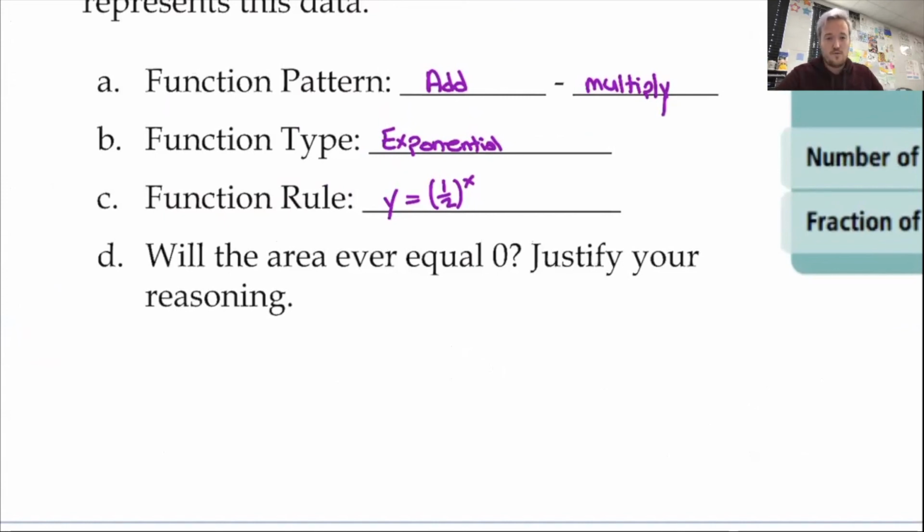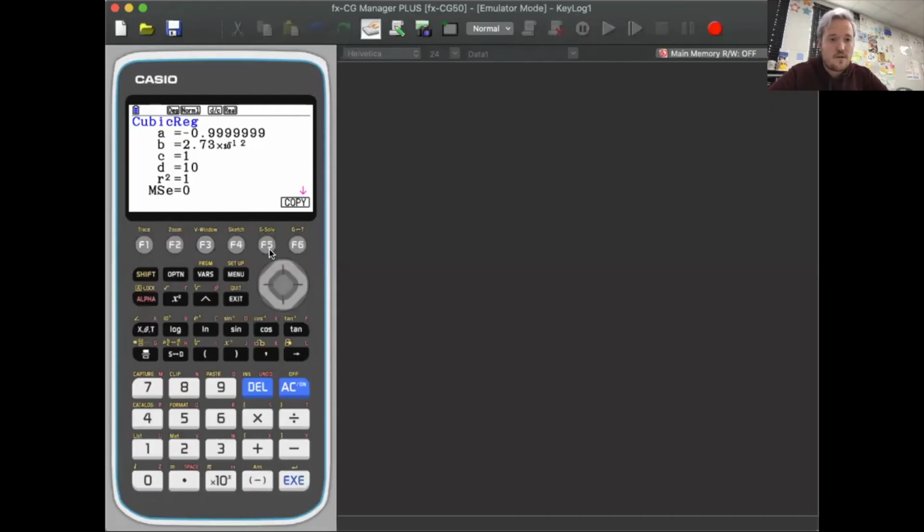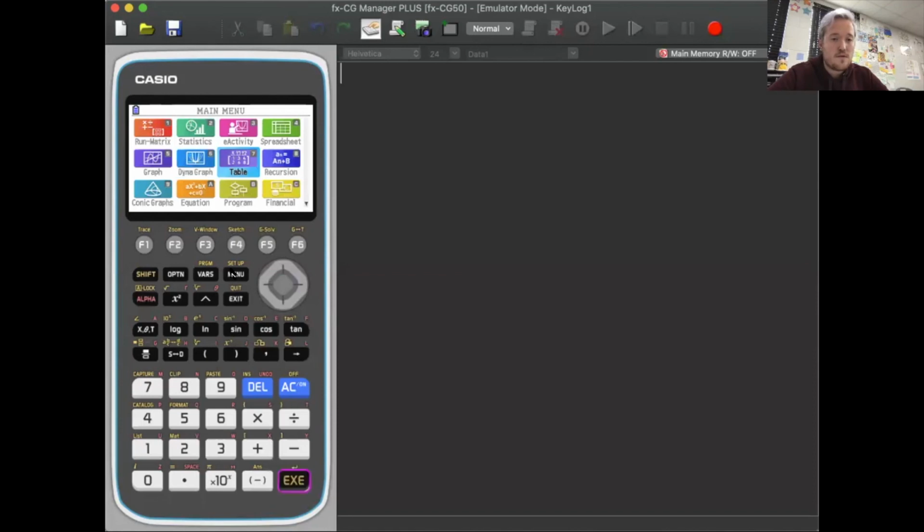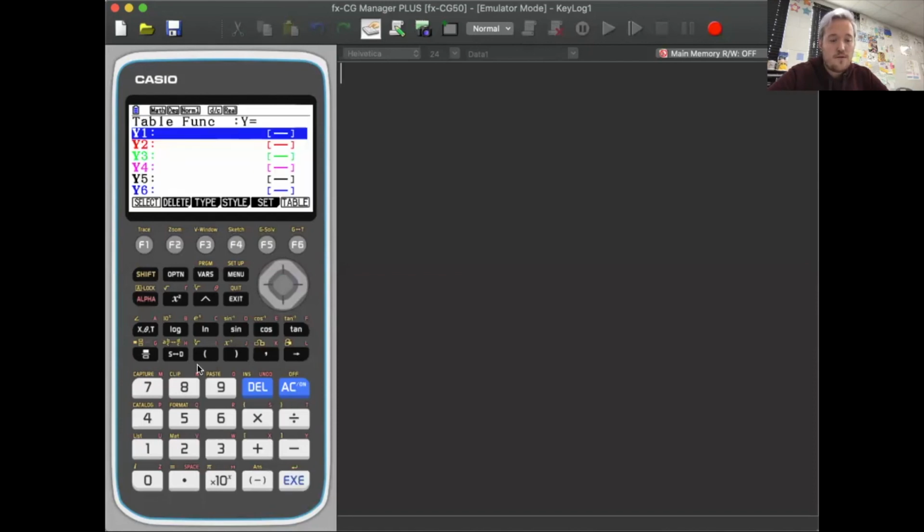So I'm actually going to show this part in the Casio, or in the calculator. So exit, menu, I'm going to go to table, and I'm going to plug in the function. So parentheses, 1/2, parentheses, raised to the x. So we want to see if the area is ever going to equal 0.